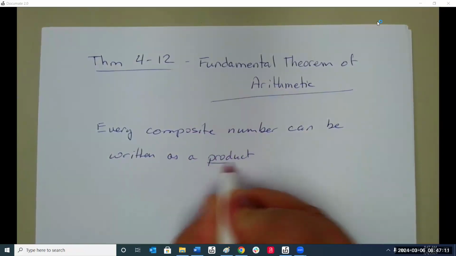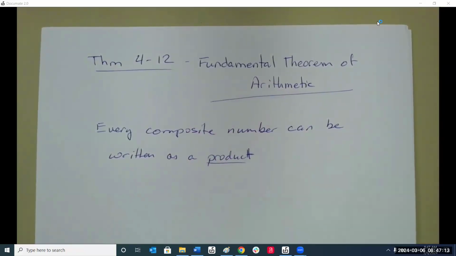What does product mean? Multiplication problem.